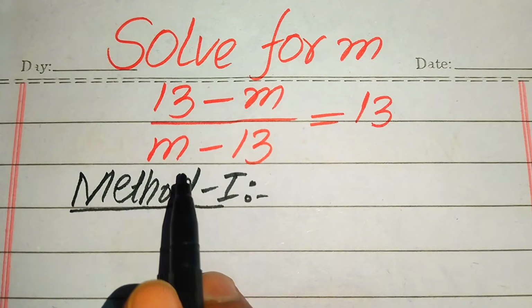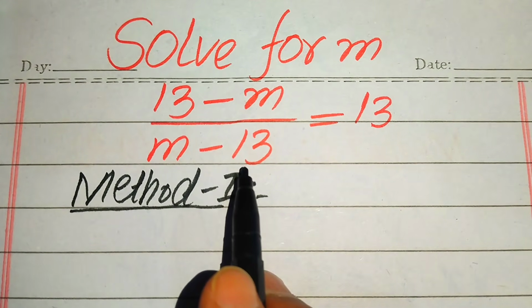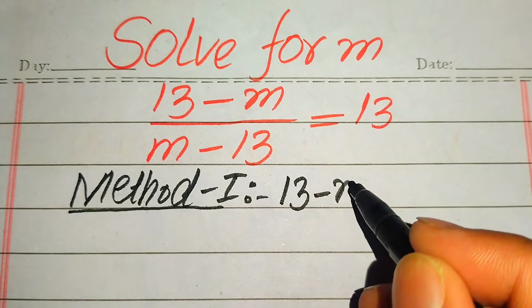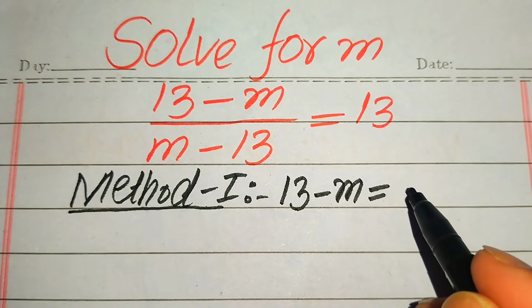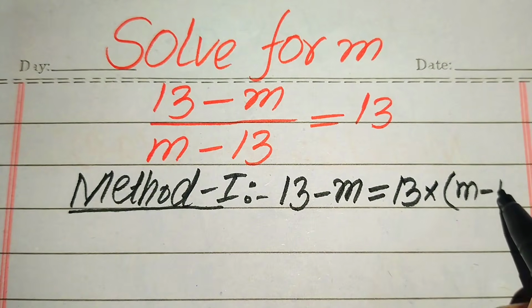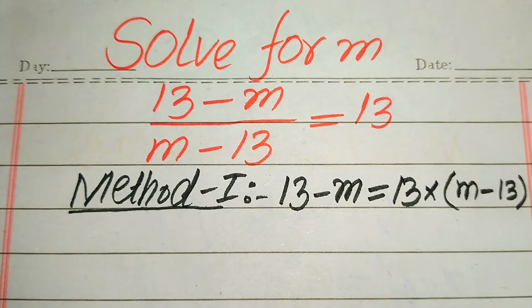In the first method, we move the term m minus 13 from the left hand side to the right hand side. Then we get 13 minus m equals 13 multiplied by (m minus 13).